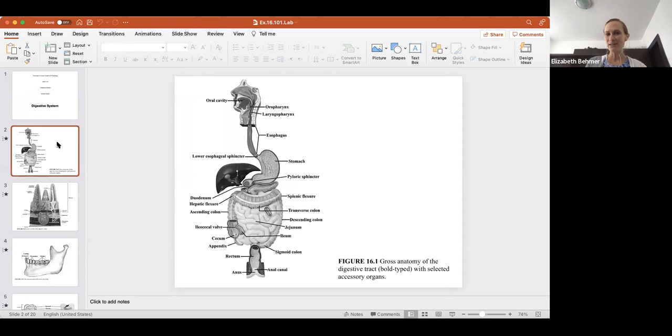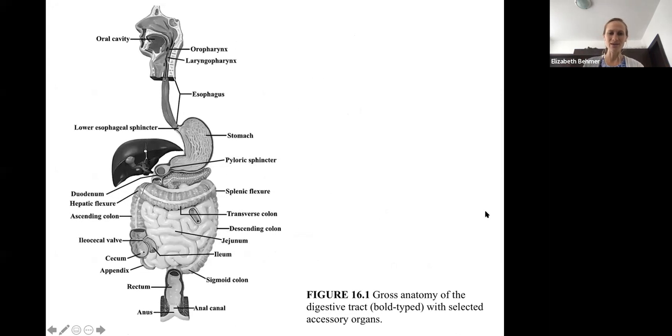So here we have the digestive system. We've been over this in lecture, but lab gives you a little more hands-on work to go over the aspects of the digestive system. This is a really common model that we would have in our classroom, showing all the parts of the digestive system, starting in the oral cavity, showing the different parts of the pharynx, which is your throat, going down through the esophagus.